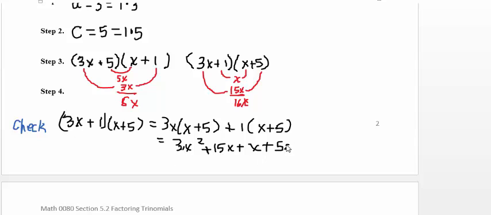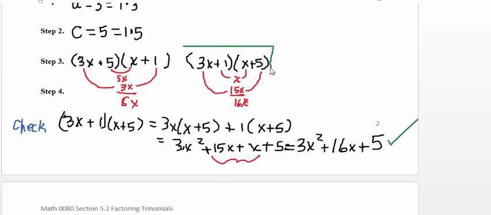Combining like terms, I get the original polynomial, 3x squared plus 16x plus 5. So this checks out. So 3x plus 1 times x plus 5 is my final answer.